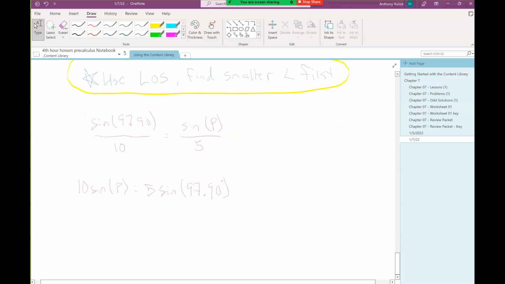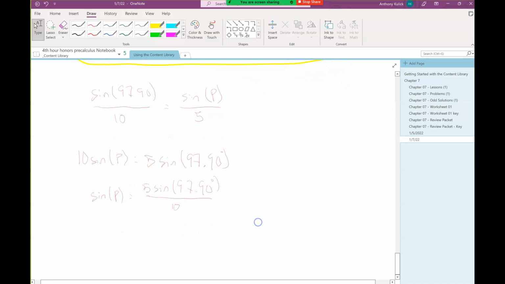And then divide by 10. And then do the sine inverse of both sides. And then it's calculator time.